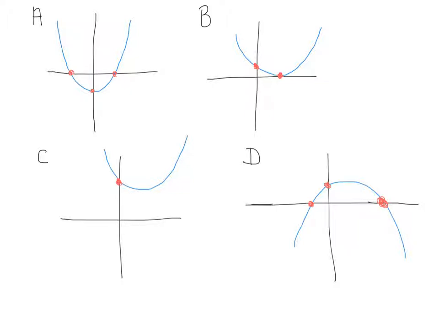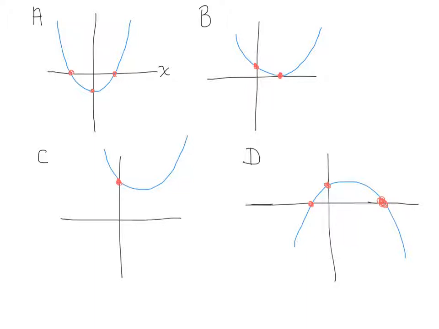I've shown that we have 3 points that we can find, and those 3 points are marked in red. The 2 that correspond to the x-axis, where the parabola intersects the x-axis, are actually the roots when we solve for x. When we solve the equation 0 equals ax squared plus bx plus c, we're going to get those 2 roots.